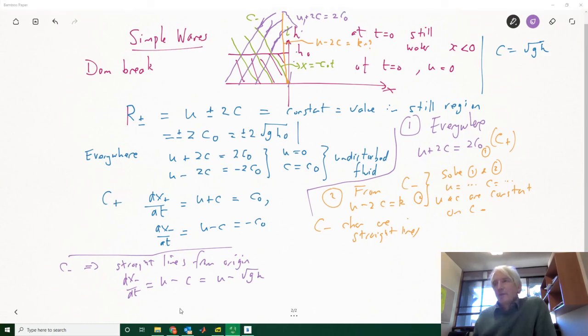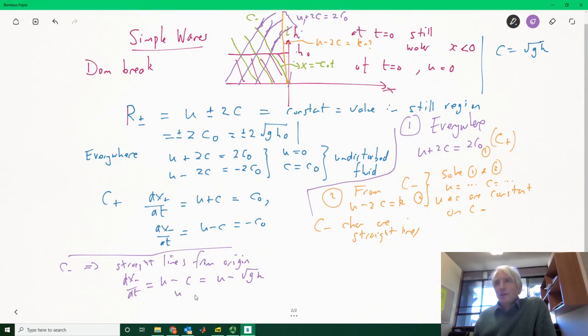And then we don't know what the height is here. As they come out here, they're carrying a different height. Well, we can solve that equation. Since they start at the origin, we get u minus the square root of gh is equal to x over t.